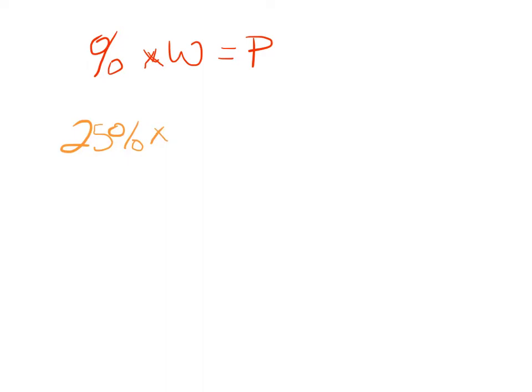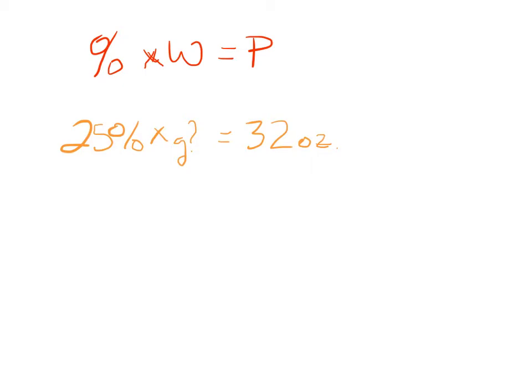It looks like the 32 ounces is only a part of the gallon, and since I have the part number, I would put that over here, 32 ounces. So what I need to know is how many ounces are in a gallon. So 25% of a gallon is 32 ounces.